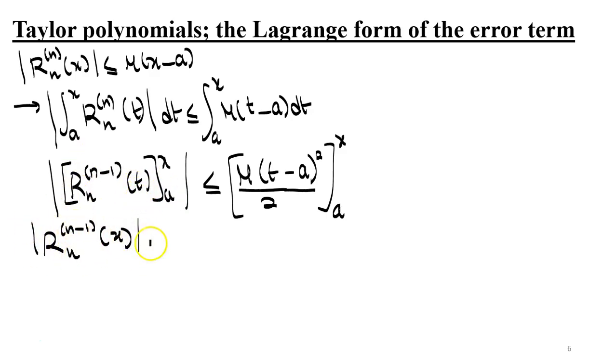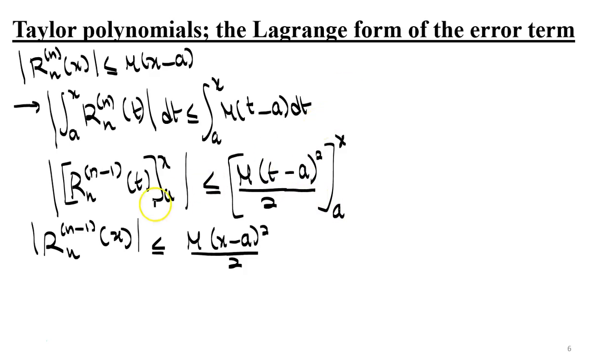That is, in absolute value, smaller than M times x minus a all squared divided by 2. And for t equal to a, that would be a minus a, which is 0.